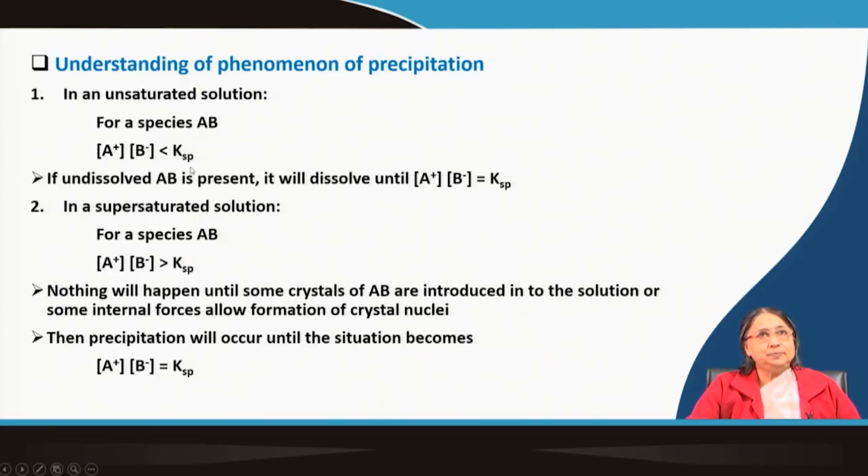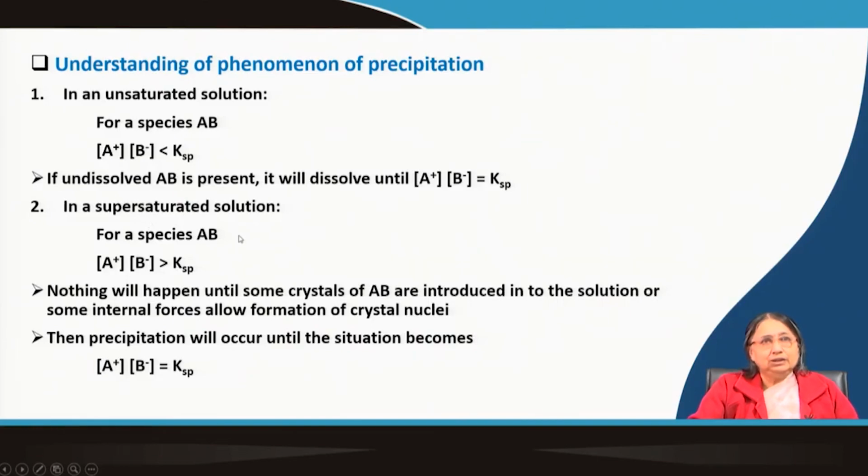Once the Ksp is reached, it becomes a saturated solution. When it just reaches the Ksp, it is a saturated solution. But under certain conditions, the A plus concentration into the B minus concentration can be higher than the Ksp, like this. Then this solution is a supersaturated solution.